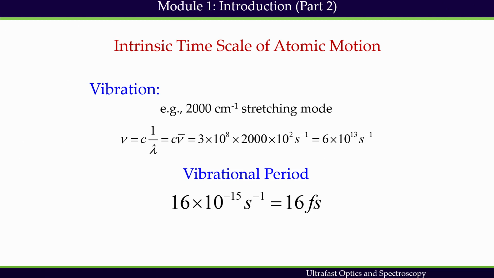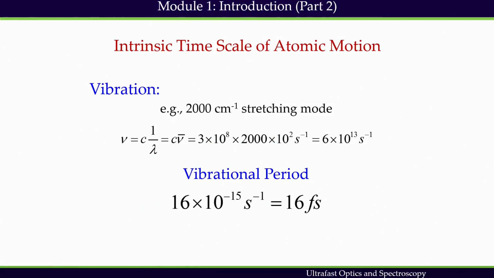I can think about A, B coming closer, forming a chemical bond. So this is nothing but vibration. So I have to find out how long it takes to extend the bond, stretch the bond like this, and then recompress. How long does it take?